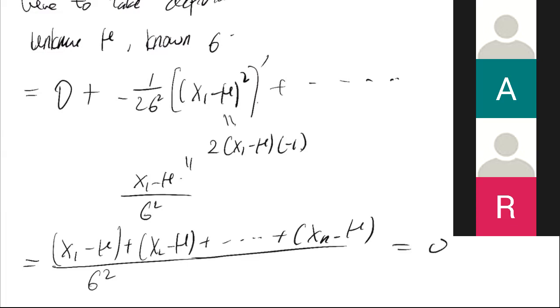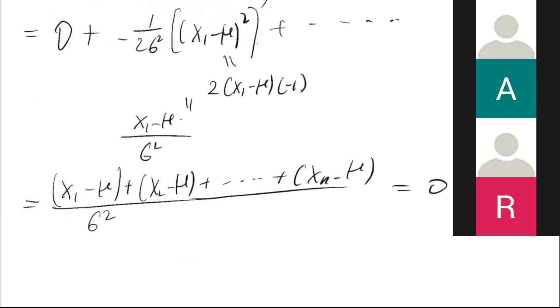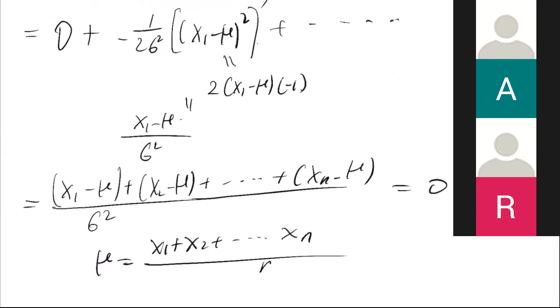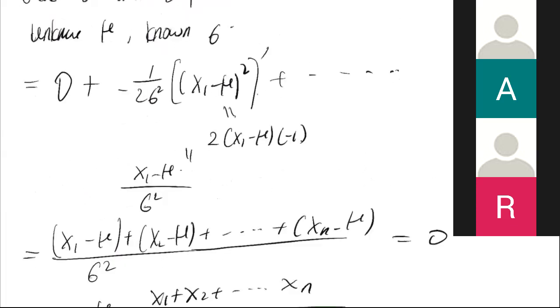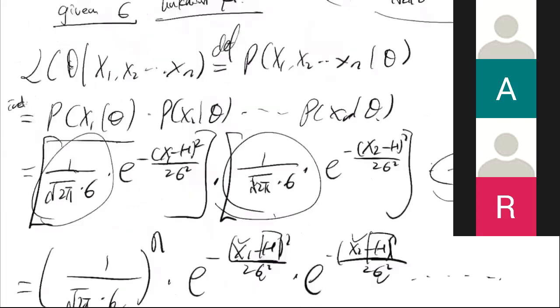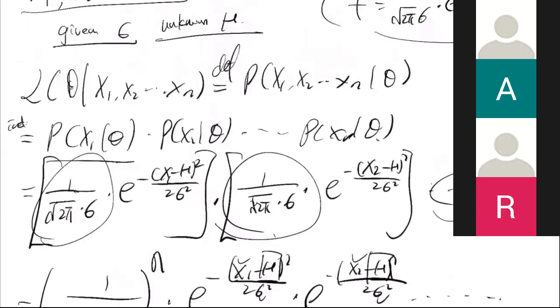And we want this first derivative to be 0. And we figure out that mu is equal to x1 plus x2 plus up to xn divided by n. So the whole thing might look complicated, but the algebraic idea is pretty simple.